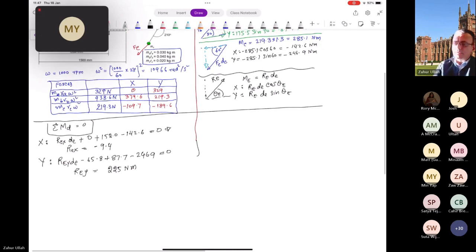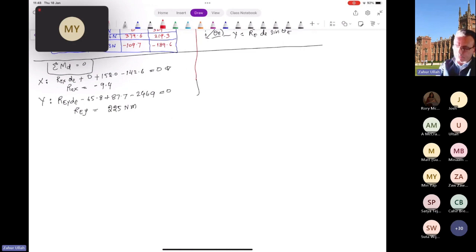So if you see here, our REY is positive, and REX is negative. So then you can easily draw this. For example, if this is your coordinate system, this is our X and this is our Y. You can see here that REX is negative, so this should be in this direction.